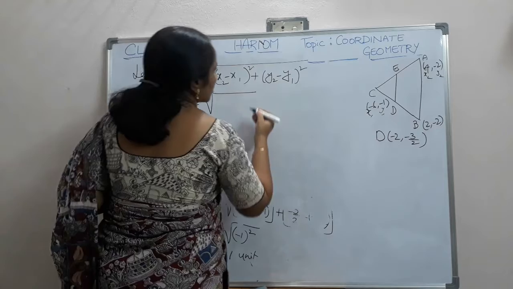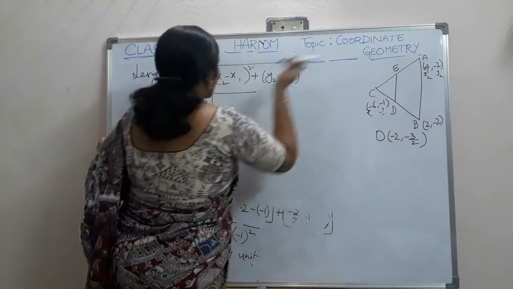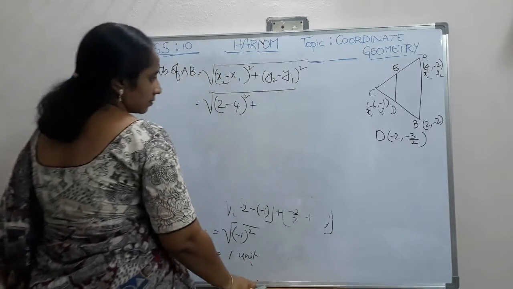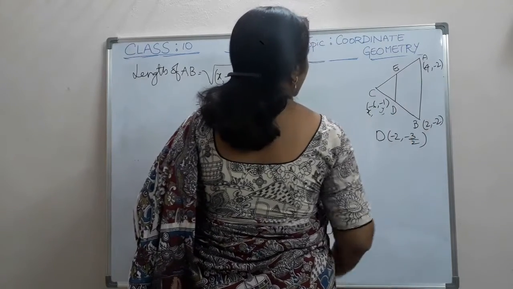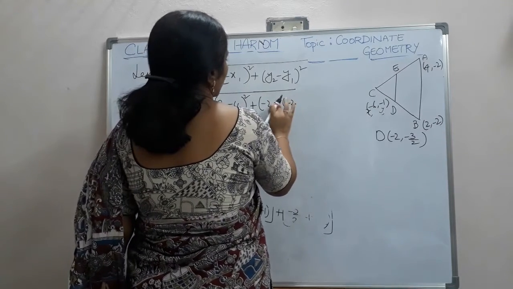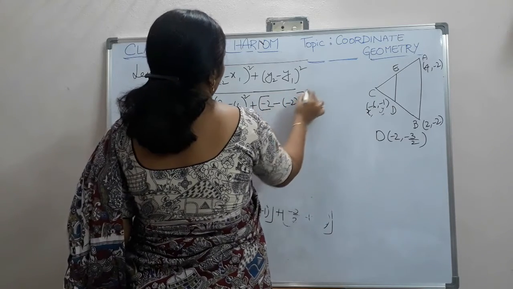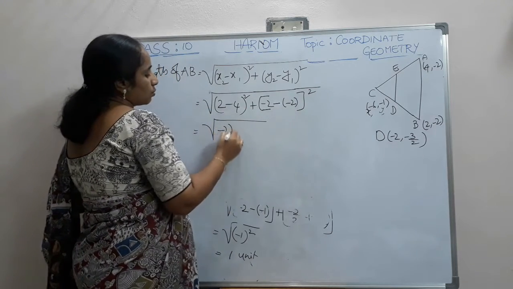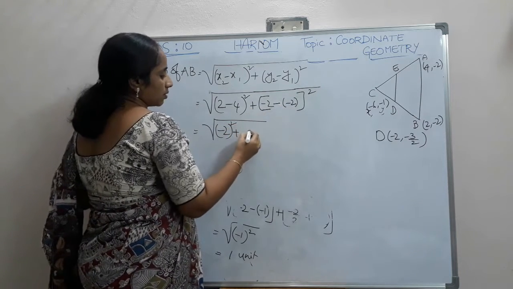That is, with x1, y1, x2, y2, it is (2 minus 4) whole square plus (minus 2 plus 2) whole square. 2 minus 4 is minus 2 whole square, and minus 2 plus 2 is 0.